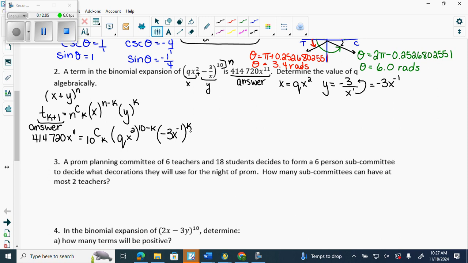So we're going to get 414,720 x to the 11 equals 10 C k. And then I'm going to get q to the 10 minus k, x to the 20 minus 2k.